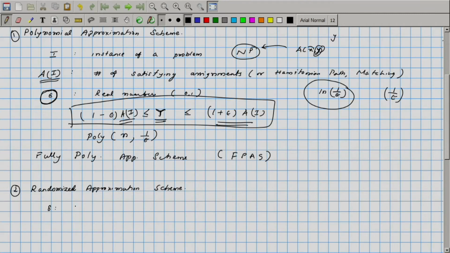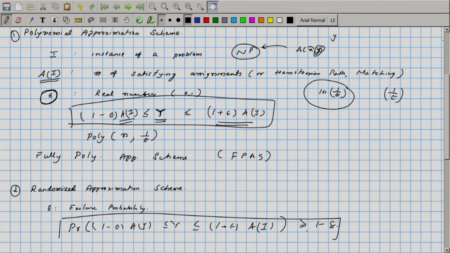If we say that this is the failure probability, the chance that the algorithm fails, then the probability that the output lies between 1 minus epsilon times ai and 1 plus epsilon times ai is going to be greater than 1 minus delta, meaning the success probability is at least 1 minus delta.